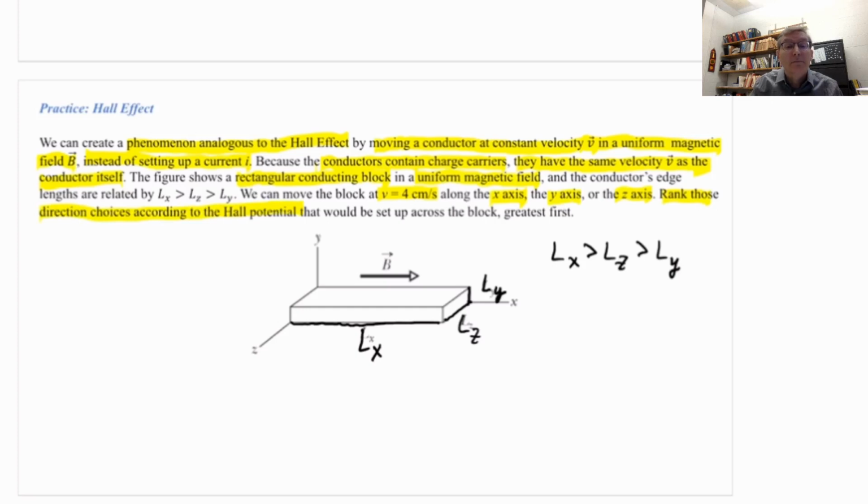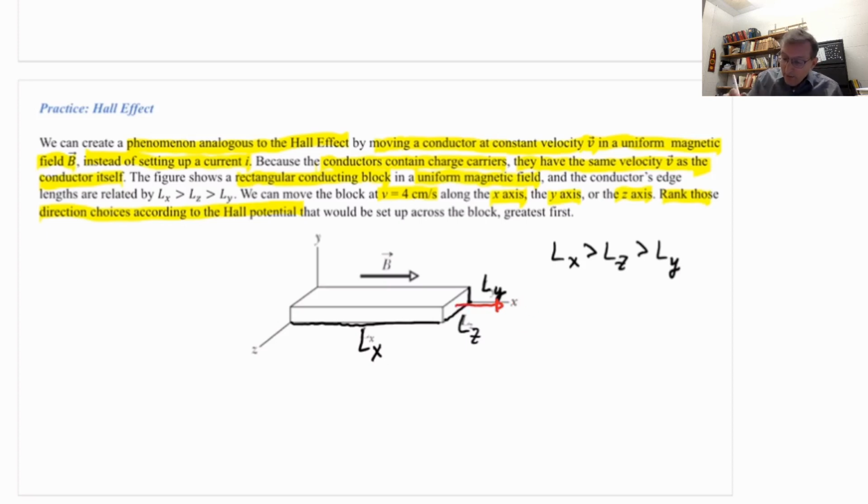across the block somehow. And I want to rank the size of that Hall potential according to whether I move the block along the x direction, the y direction, or the z direction. So for example, if I were to move this block along the x direction, see where the x-axis is? That means the v of the block is that way.